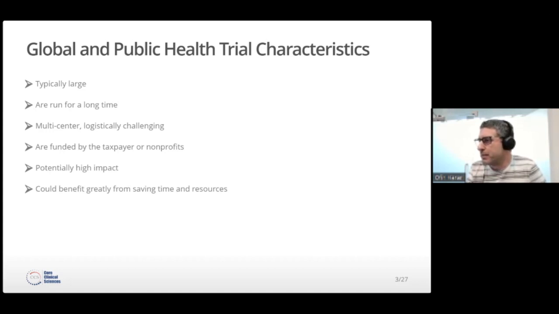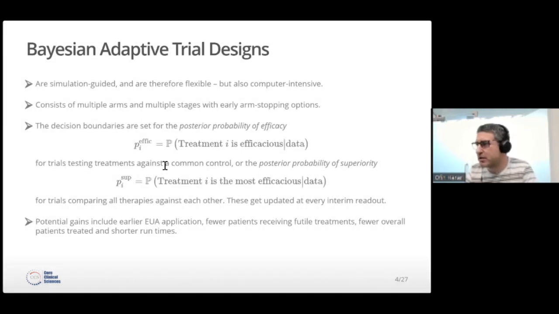So the first type of design, but before that, let me just go quickly over the same concept that Harun just described. Bayesian adaptive trial designs are simulation guided, exactly the same way that Harun presented. We typically run a large number of simulations to evaluate their operating characteristics.